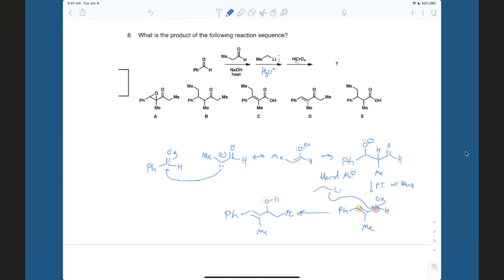So this on workup goes here. And what will chromic acid do to this allylic alcohol? So this will oxidize. This is a strong oxidant.